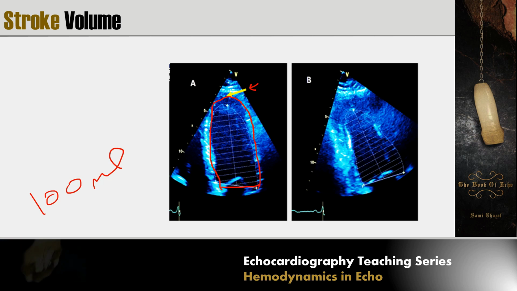So if there is no mitral regurgitation, the Doppler method and this volumetric method should be almost equal. However, if there is mitral regurgitation, this volumetric method or method of disc, whether being 2D or even if we do it in 3D, will be higher than the Doppler method.